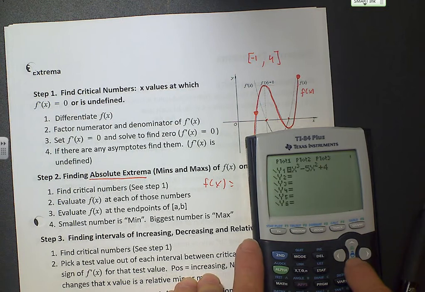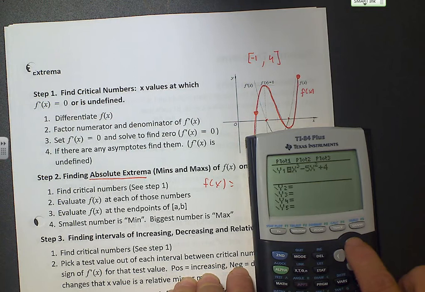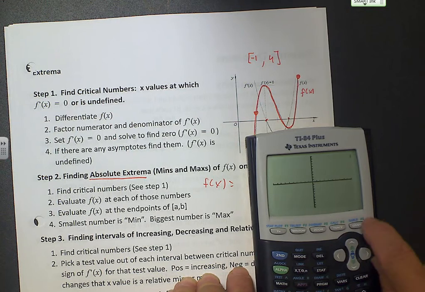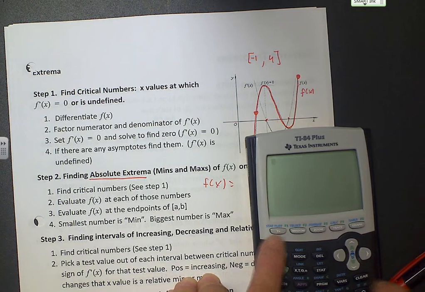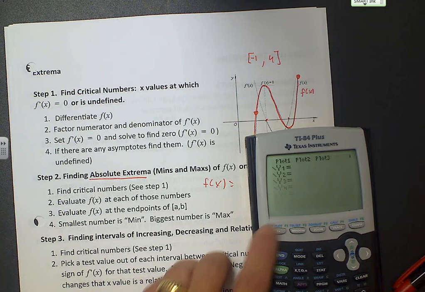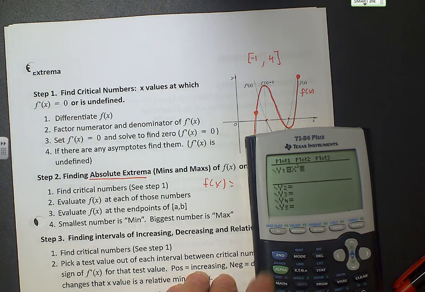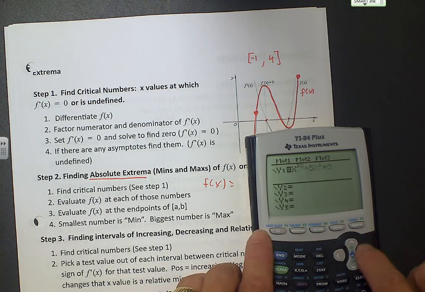What's going on here? Why are you giving me an error? I had x cubed what? Plus 5x squared plus 5, is that what I had? I think it was minus 5x. Thank you.